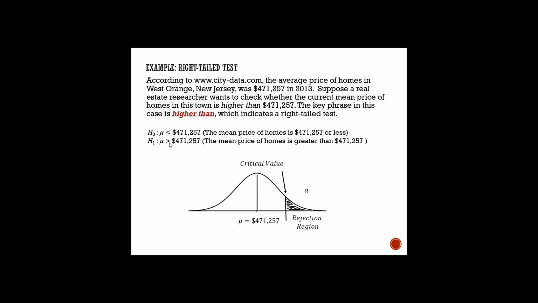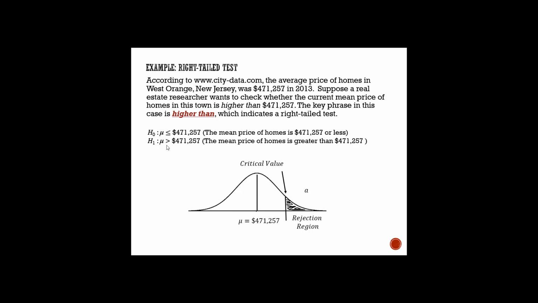Now note, there's never an equal in the alternative, but there's always an equal in the null. So what's the null? It says, well, the mean is equal to what it used to be, or it could be less than. So it covers all of the other cases. I like to include that inequality in it because it could satisfy that null condition if the value of homes has gone down.